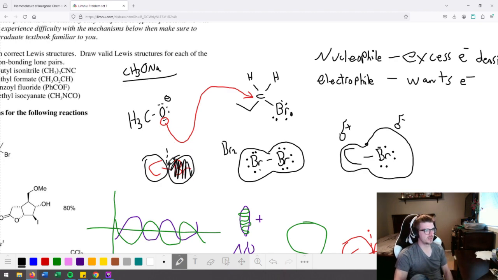So this is the lowest unoccupied orbital that is around the carbon and the bromine, and it is an anti-bonding orbital. And so when the lone pair from oxygen comes and interacts with this orbital, so it's a filled orbital interacting with an empty one, it fills this antibonding orbital and breaks the carbon-bromine bond.